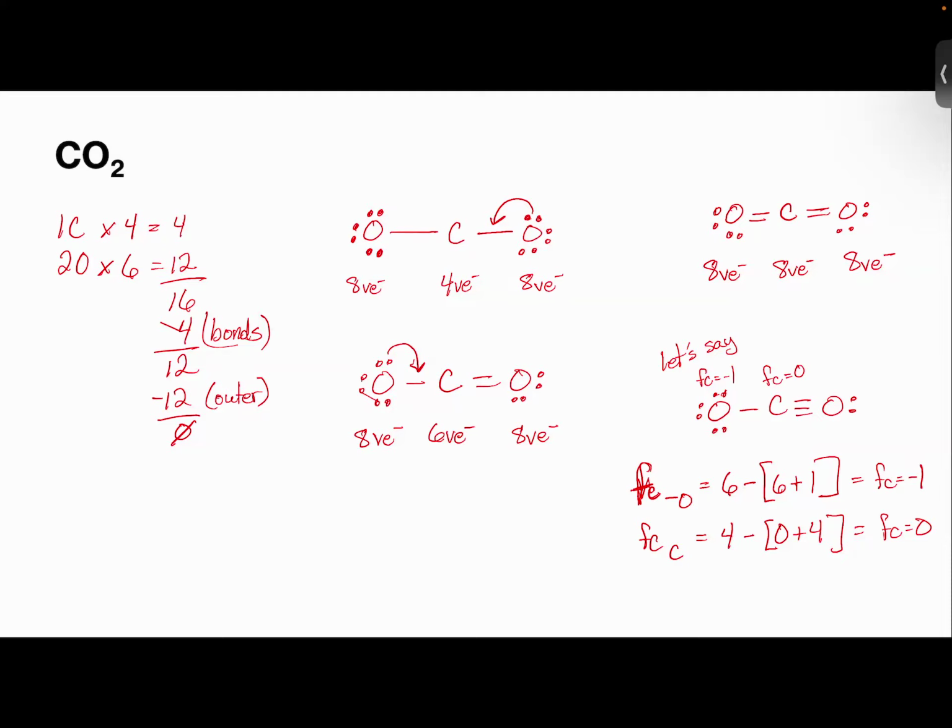Now let's do our triple bonded oxygen. Oxygen has 6 valence electrons minus 1 for every dot. It has 2 dots, plus 1 for every bond. It has 3 bonds, meaning that this oxygen has a formal charge of a +1.